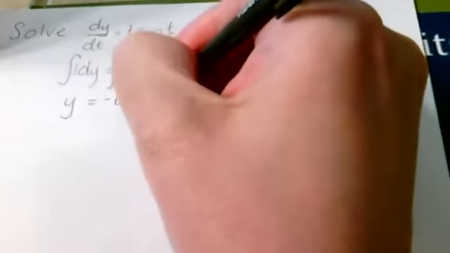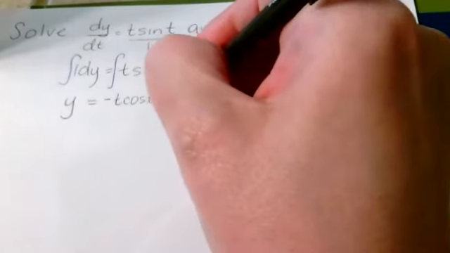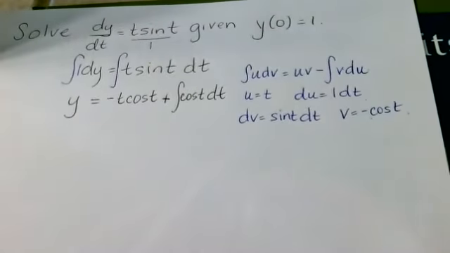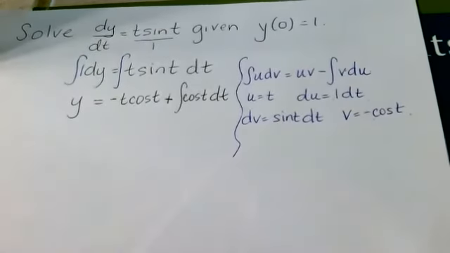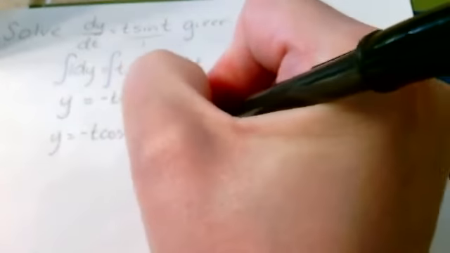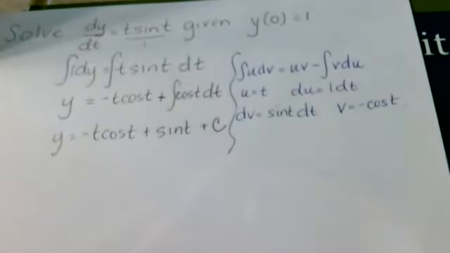So my negative cosine is going to make this a positive cosine t dt. Now we need to integrate this last integral of cosine of t dt. That is your sine of t, and then don't forget your constant of integration.